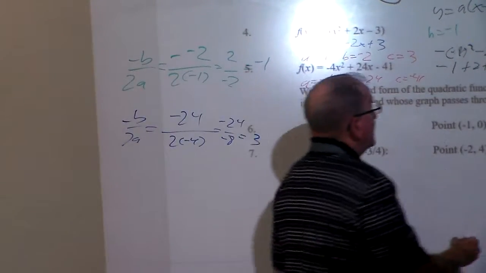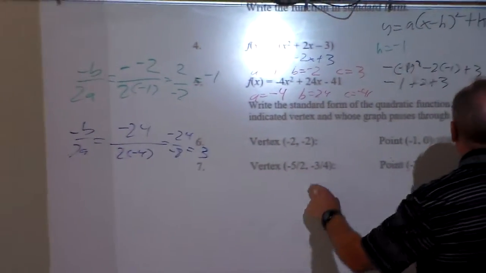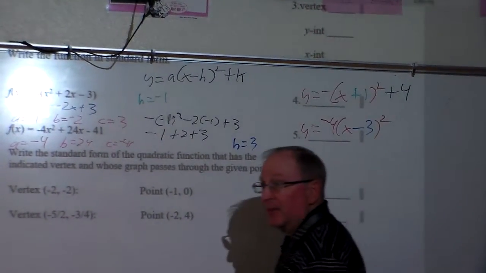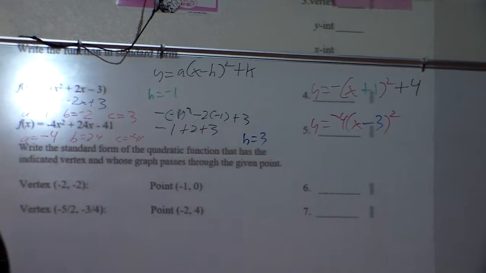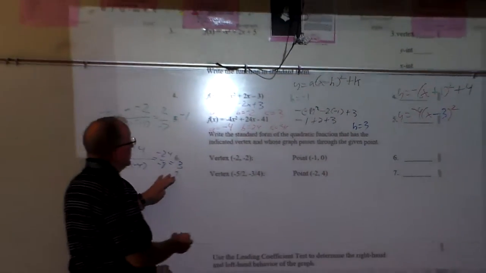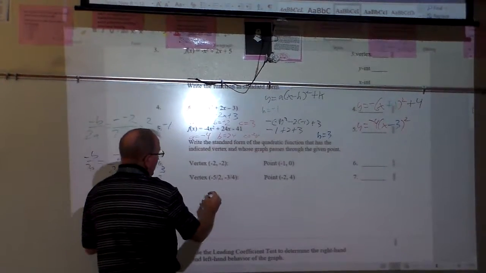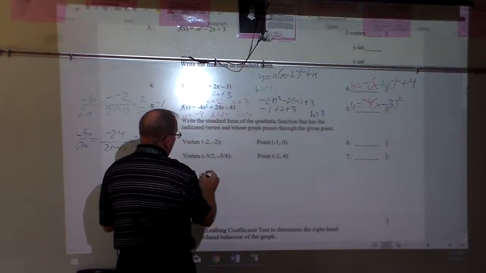So I already know if h is 3, it's going to be negative 3 here, it's just going to be that minus part. And then go plug in a 3 into the problem. So I come back up here, and I'm going to go ahead and use this space right here.